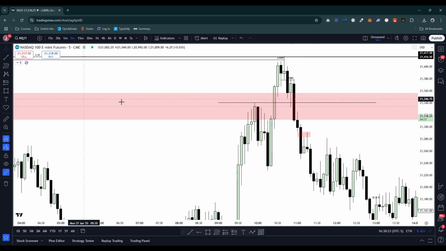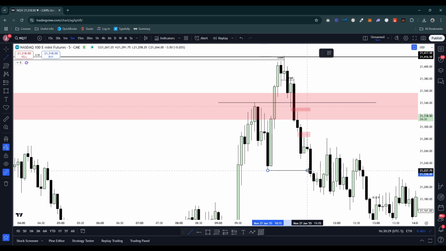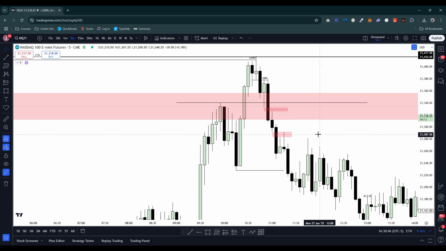Gotcha. Okay. So the way to find out if this one's going to be respected is how, guys? How do I know this one's going to be respected? That's one reason. It broke the low, but we don't have any lows that were broken right here on the 5 minute off this fair value gap, right? This is a trick question for you guys.